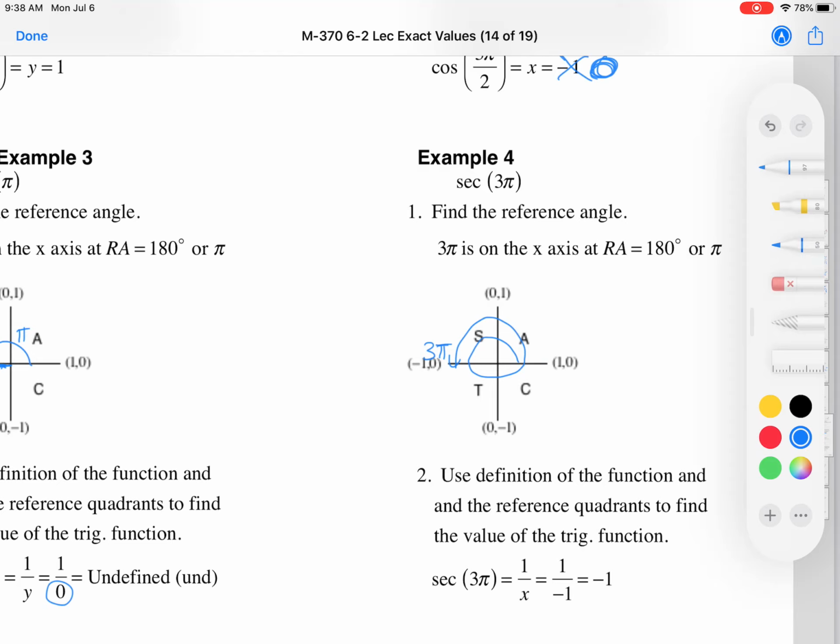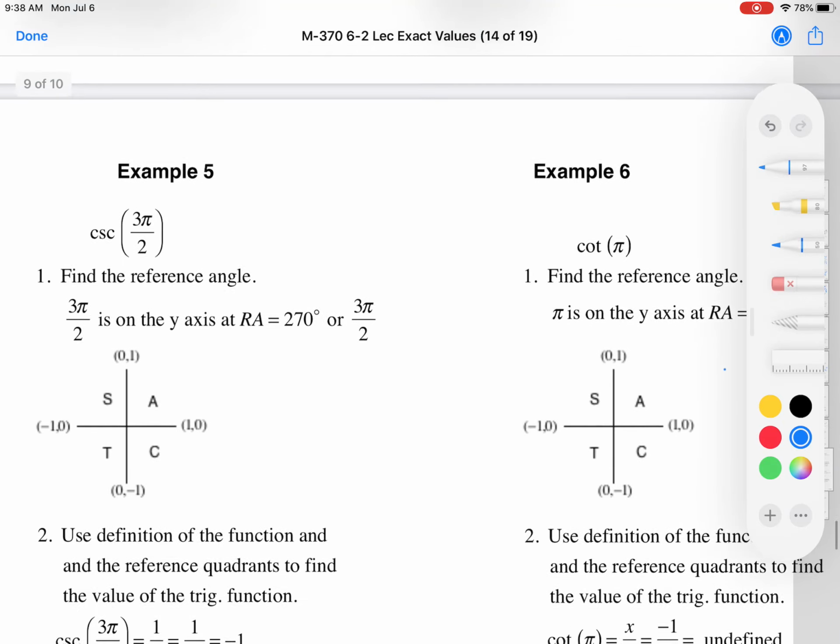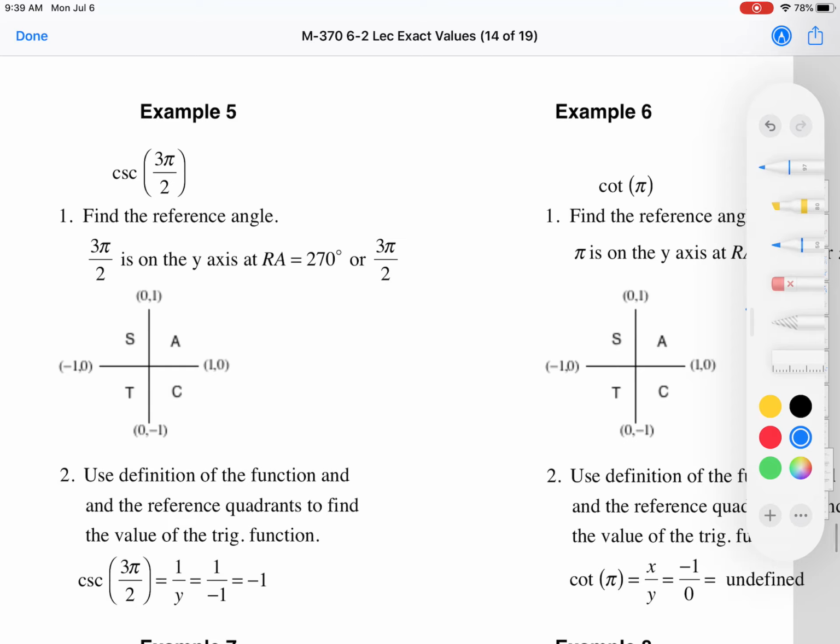The x distance out on that line would be a 1 distance out, but it's in the negative direction, so it would be a negative 1, and that's what he has right here. So this one's done perfectly. 1 over negative 1 is negative 1. So that one's done okay there. Example 5, cosecant of 3 pi over 2. Well, here's 3 pi over 2, or 270 degrees. Cosecant is 1 over y.